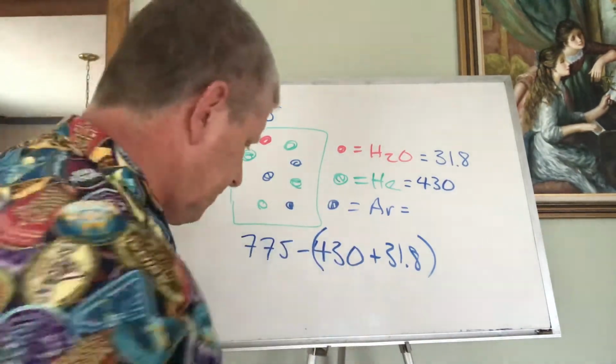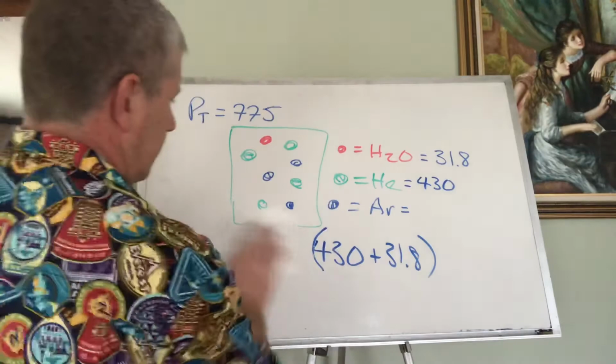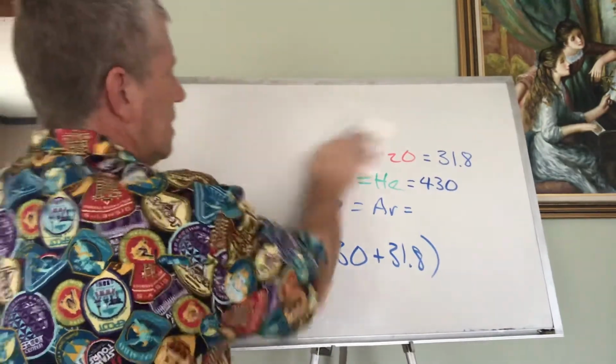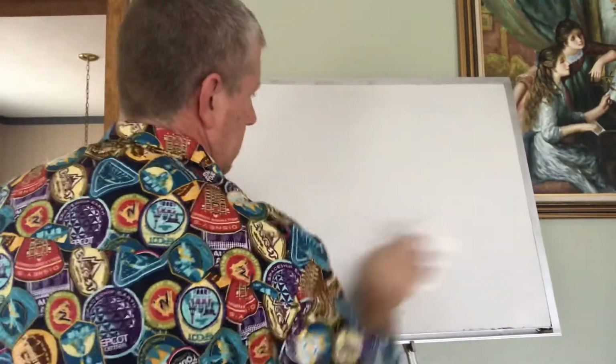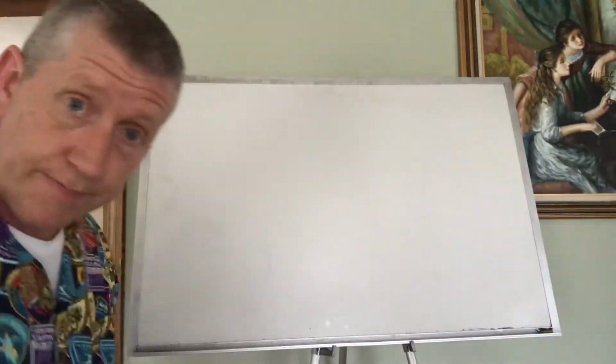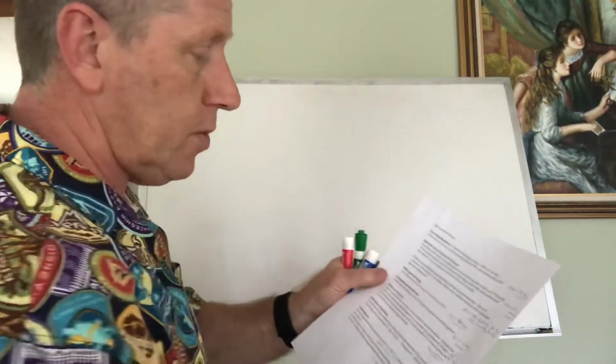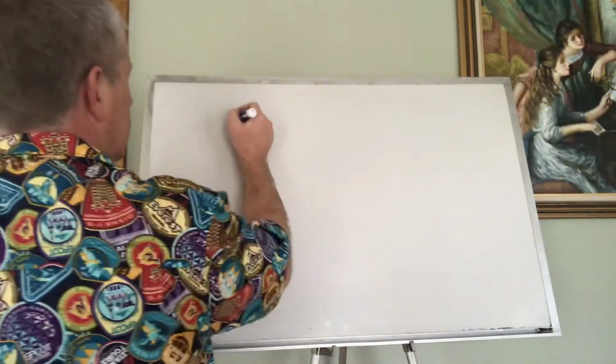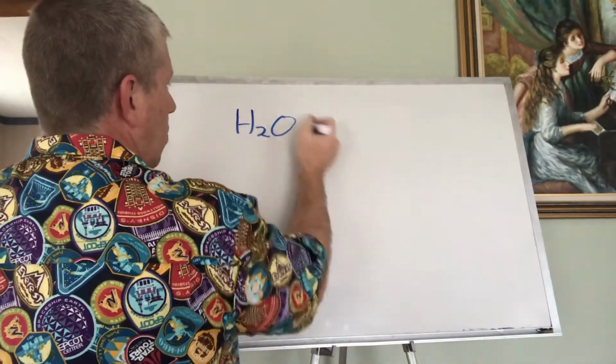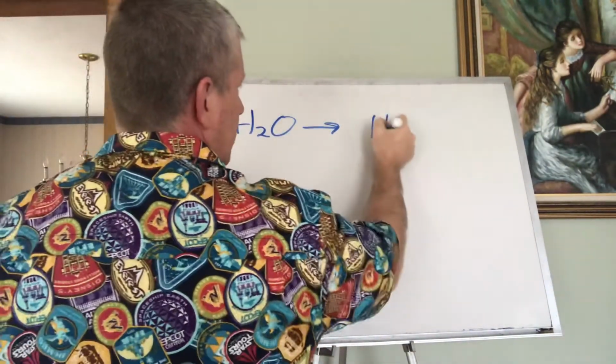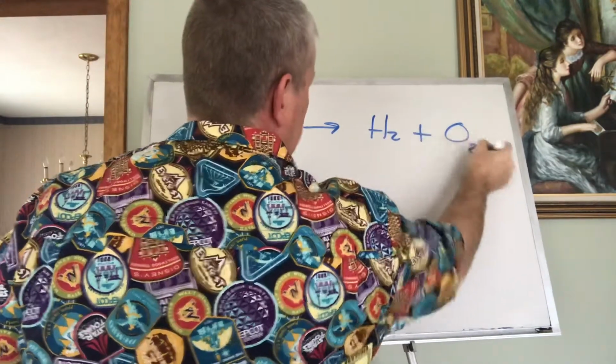Let's try another one. Second gas law problem using Dalton's law is: water is completely decomposed into hydrogen and oxygen. Decomposition reaction, we all remember those. So our water is going to decompose into hydrogen and oxygen.